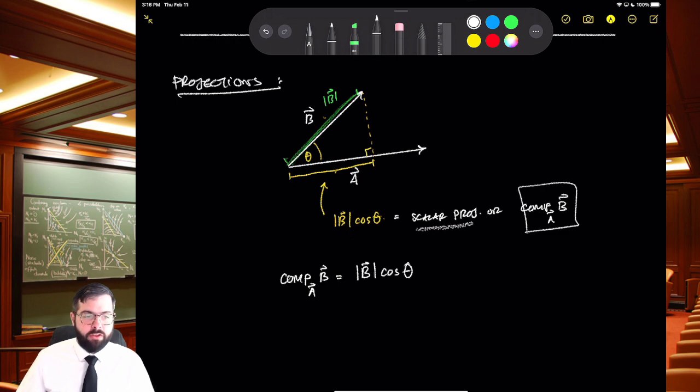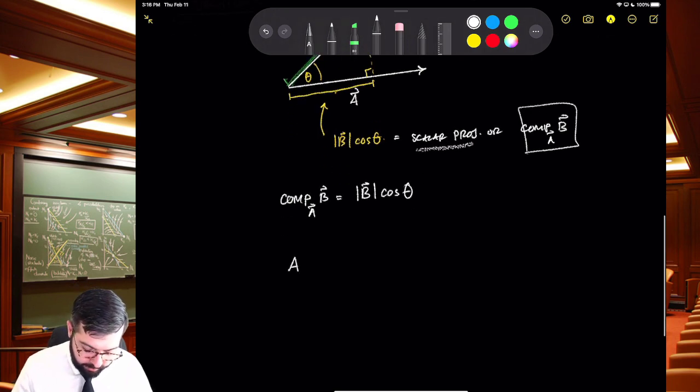What equation do we have that relates vectors to magnitudes and cosine and the angle between them? That theorem from the dot product. We know that A dot B is really the magnitude of A times the magnitude of B cosine theta.